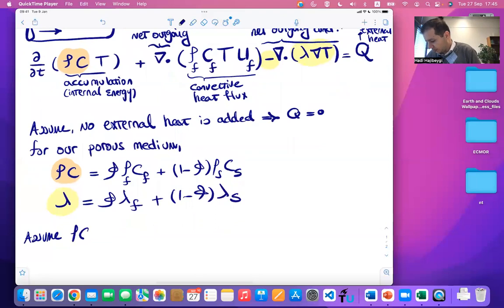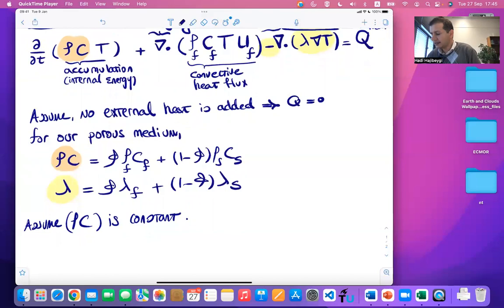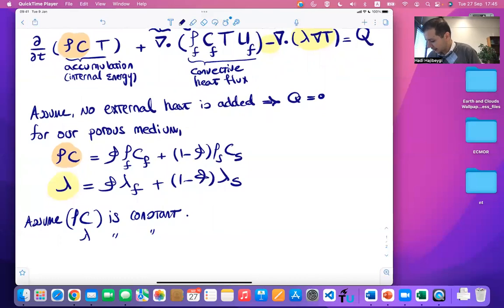Then I can take it outside and divide all the equations by it, and assume also lambda is constant. And what else? Assume rho_f C_f is also constant. Then I can take all these factors out and do the mathematics easily. Q is also assumed to be 0.